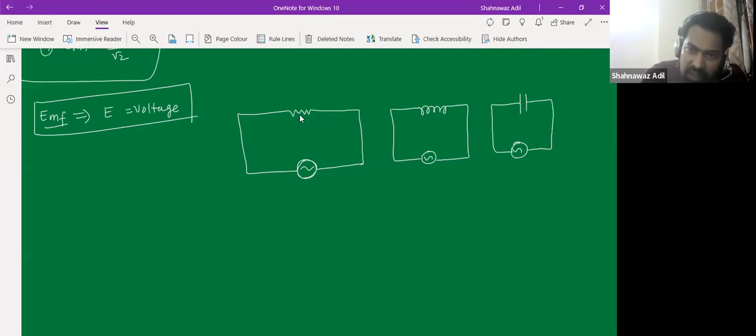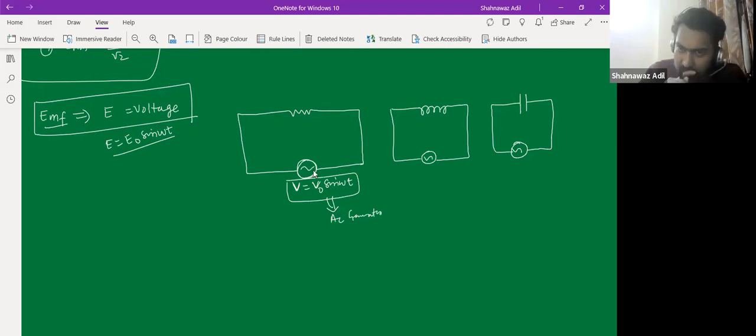right? So for the resistive circuit, if our, let's say, V is V naught sine omega t, I'm writing it as E. So E is E naught sine omega t. So I'm just writing it in terms of V, right? So V is V naught sine omega t that I'm getting from the AC generator, and from this supply I'm connecting a resistor.